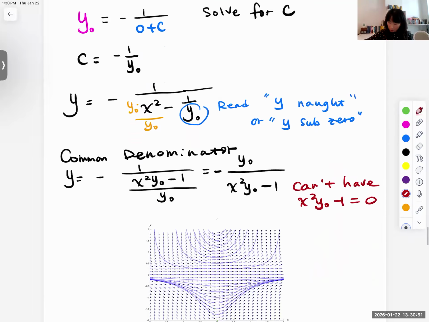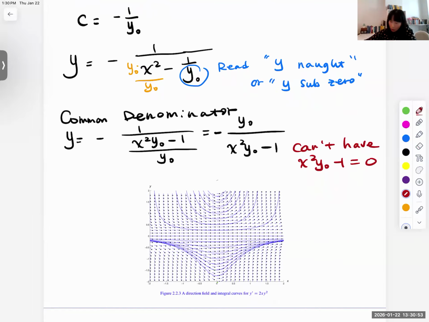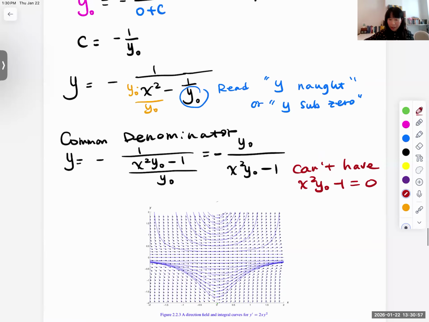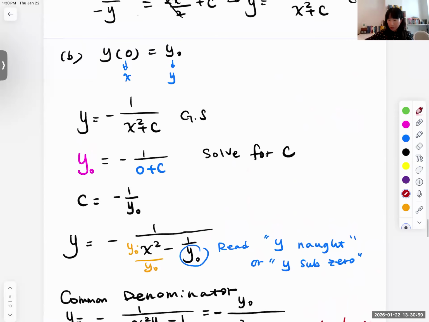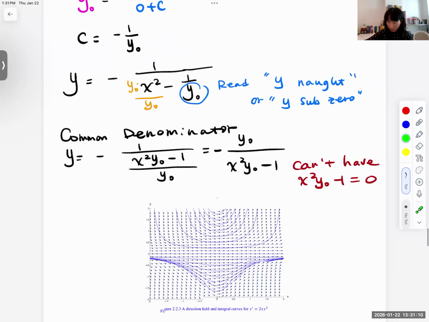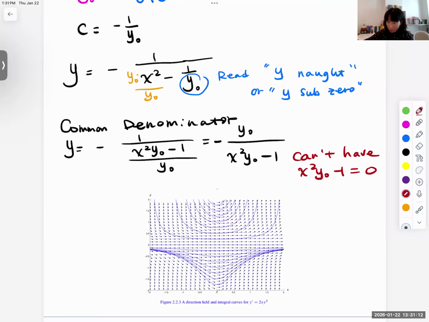All right, so let's take a look then. What's the y naught? We have the initial value when x equal to 0, then any value for y naught. So let's find out what the y naught will be when x equal to 0. Here, this is x equal to 0.